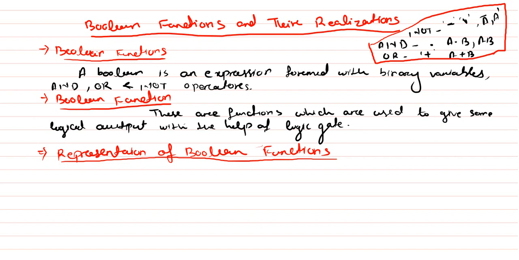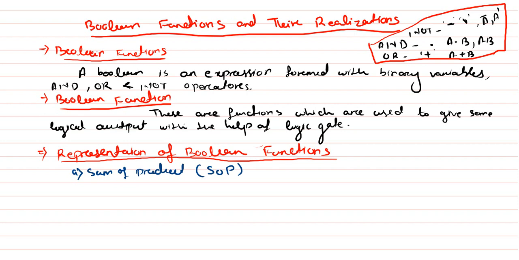There are typically two types of representation. The first one is sum of product. In short form it is called SOP, sum of product.